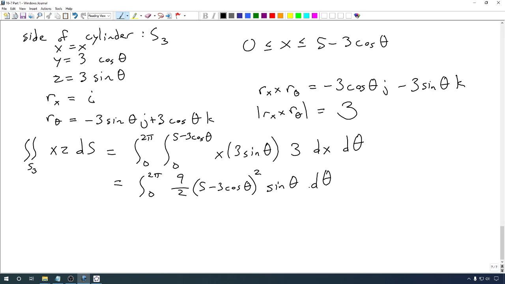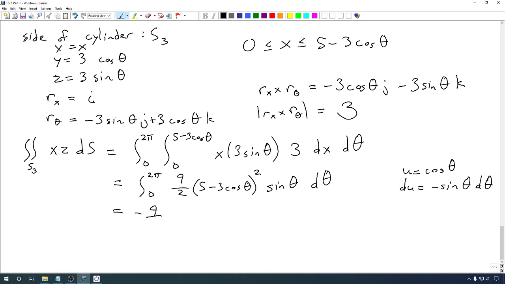And now I'm going to do kind of a trick that we did just a minute ago. I'm going to let u equal cosine theta, so that du equals negative sine theta d theta. That means this sine that's sitting on the outside is part of our derivative. We're going to have to introduce a negative, but that's okay.